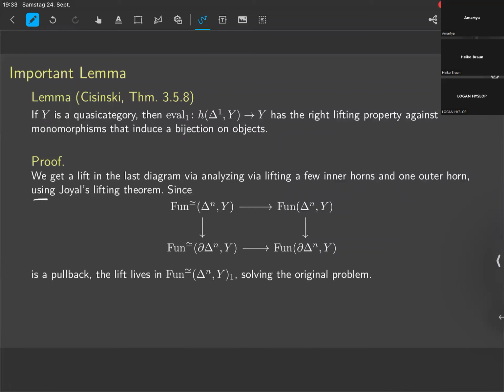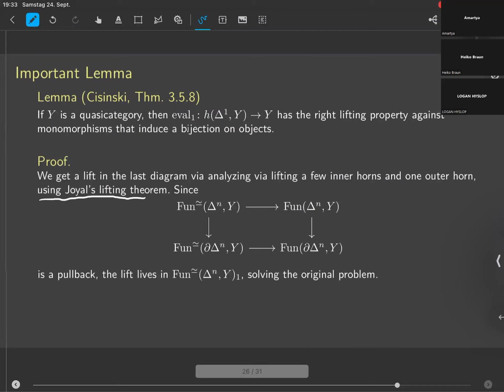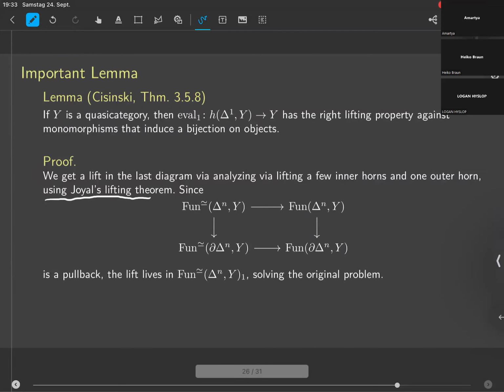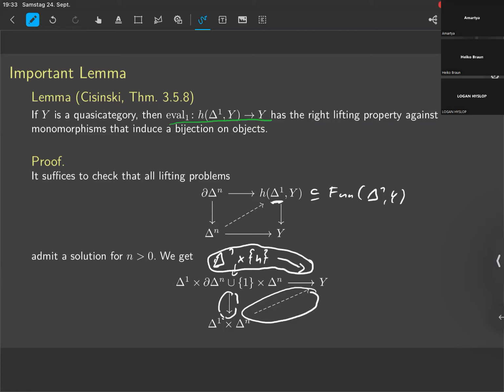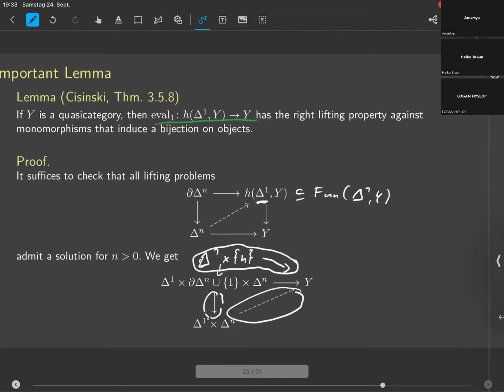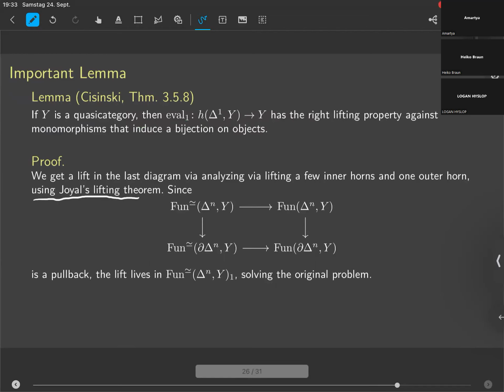And this can be done with Joyal's lifting theorem. Namely, the edge which has to be an isomorphism for its application is exactly this one defined by delta 1 cross last edge. So when this is an isomorphism, then we can lift the whole diagram.